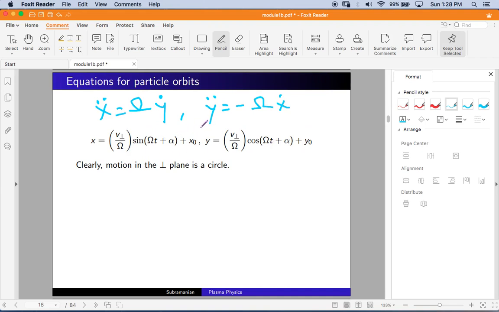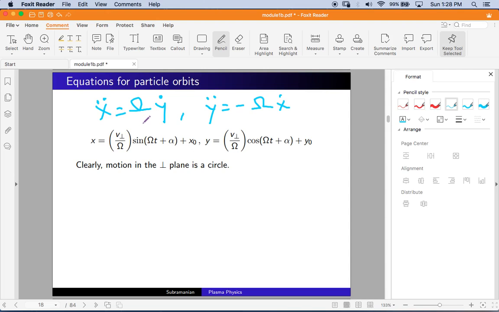What do you do? How do you figure this out? I'll leave you to figure that out. You integrate this. You just substitute for the y dot. You try to get an equation exclusively in x, and that's possible.